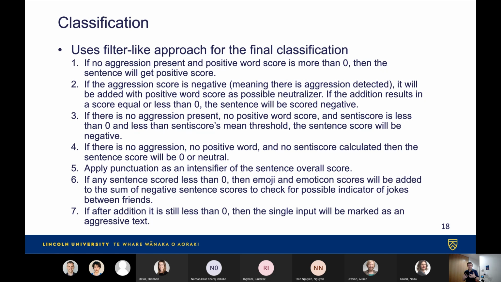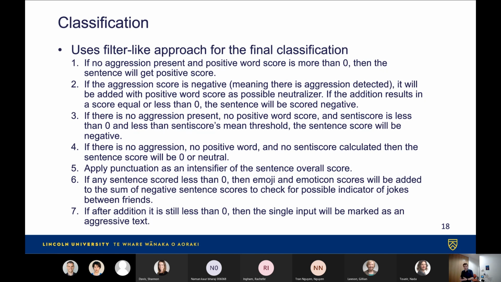So what we're looking for here is the overall balance of the sentence. Sometimes we will use a negative word, but actually overall the sentiment is largely positive or neutral. We don't want to immediately classify something as cyber aggression or cyberbullying just because it has one negative element.